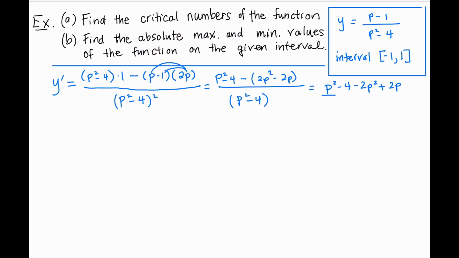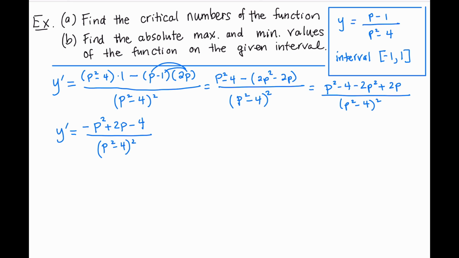So that's where I'm distributing the negative. And then I end up with y prime equals negative p squared plus 2p minus 4 over (p squared minus 4) squared. So that is the derivative of this function.